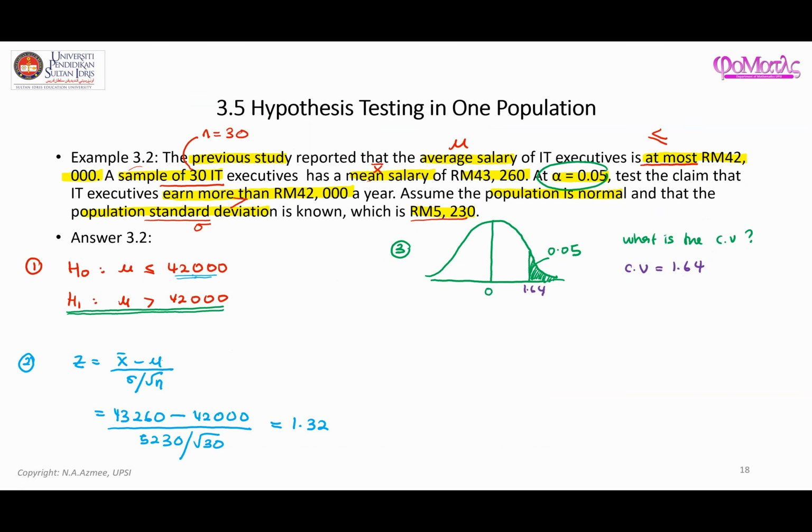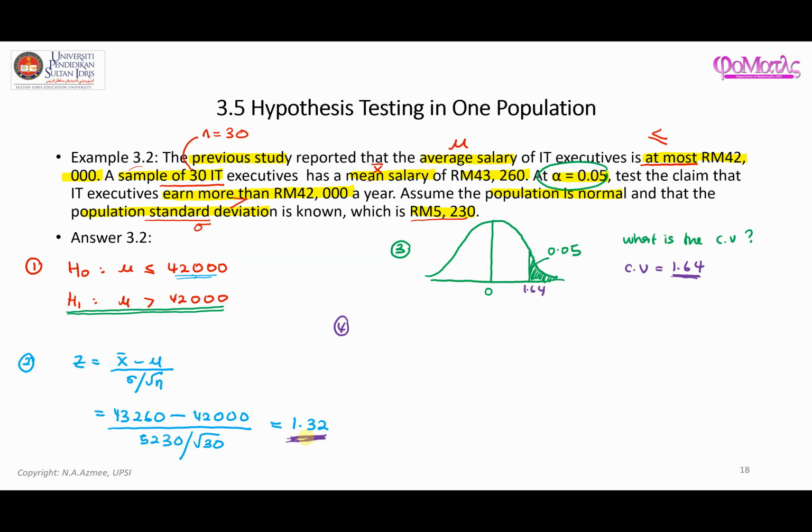Okay, so now the fourth step. The fourth step is to decide whether you will reject or accept the null hypothesis. And that will be based on comparing the value that you have on the second step with the critical value.